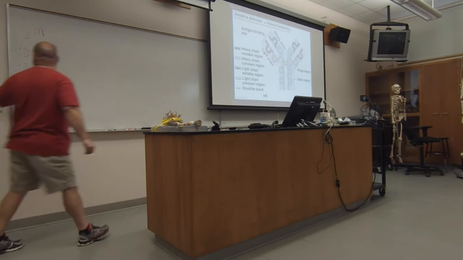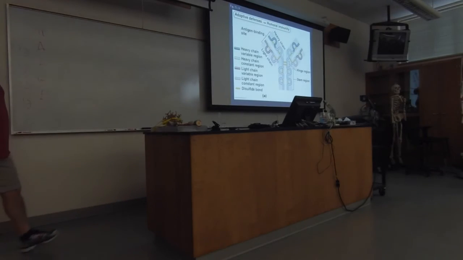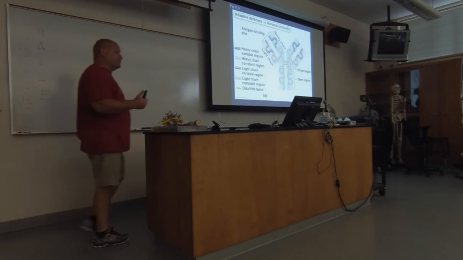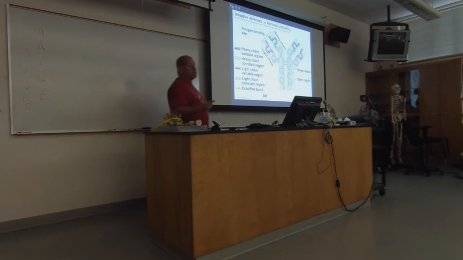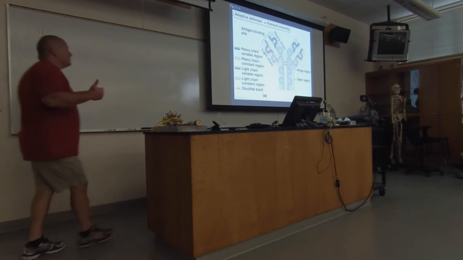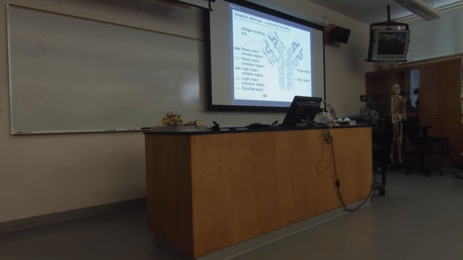So my IgAs, I'm going to find in breast milk, saliva, the gastrointestinal tract. It's been found in semen. So it's in the fluid parts of our body.